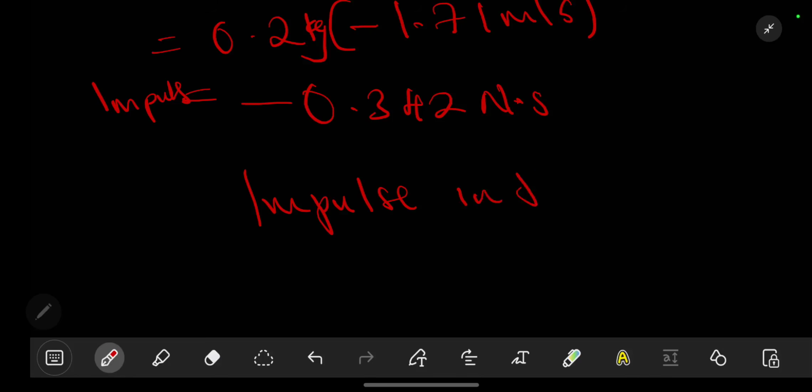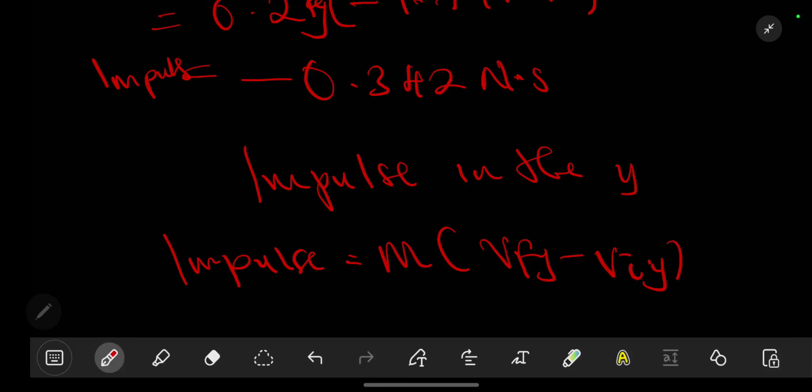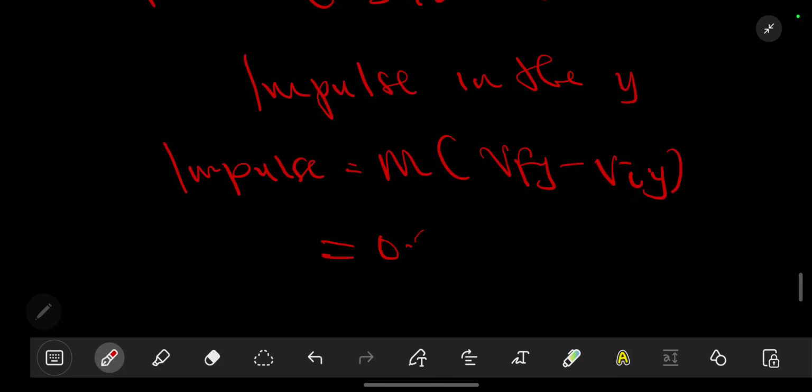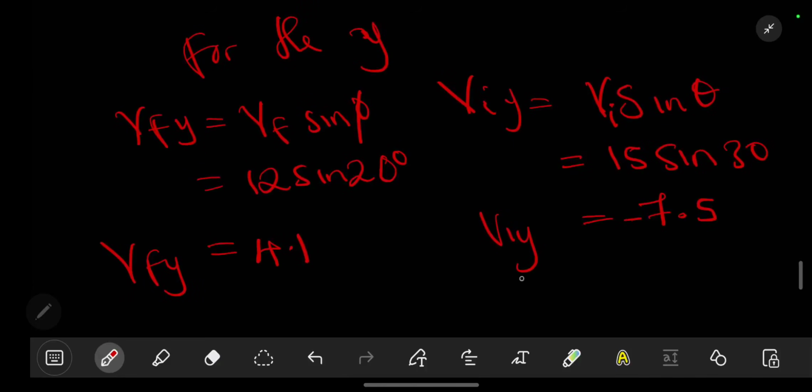So the impulse in the y will be equal to mass, remember this formula, velocity final in the y minus the velocity initial in the y. Mass 0.2. The velocity final in the y, we found it to be 4.1 meters per second.